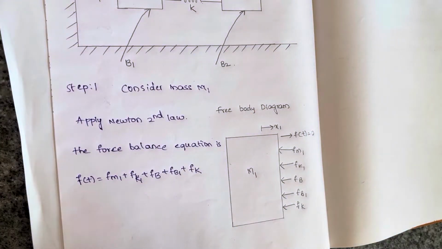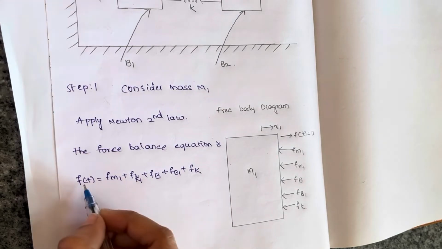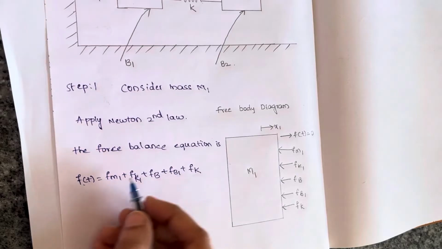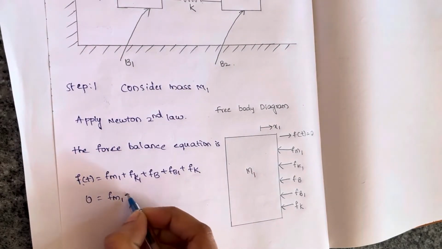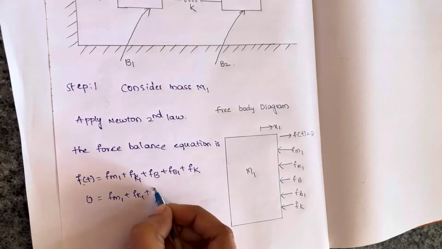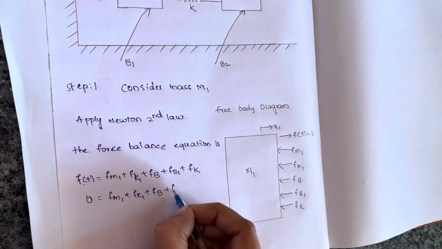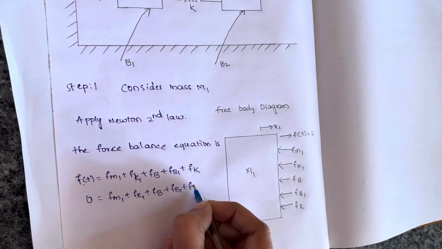This is the force balance equation which we consider for mechanical translational system. We don't have f of t here, so it is 0 equals to fm1 plus fk1 plus fb plus fb1 plus fk.